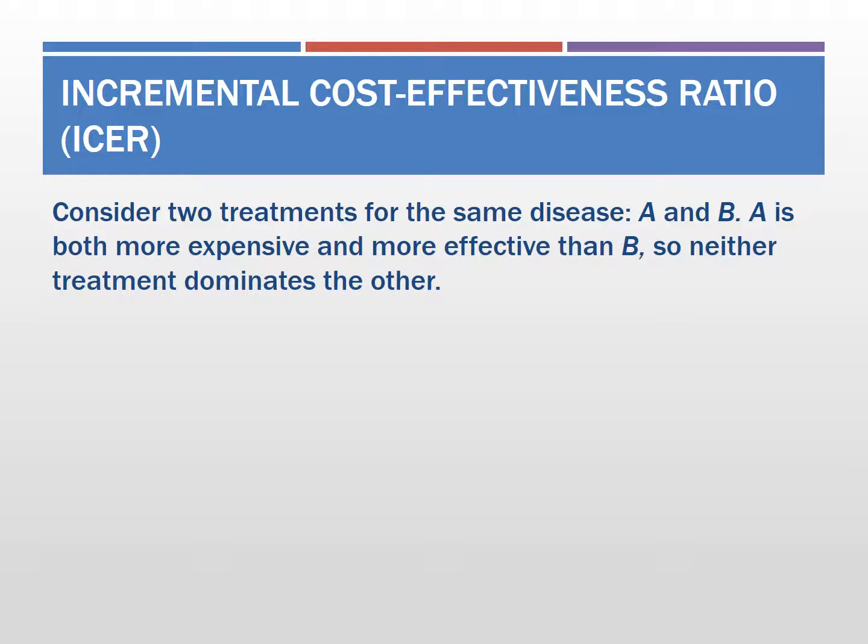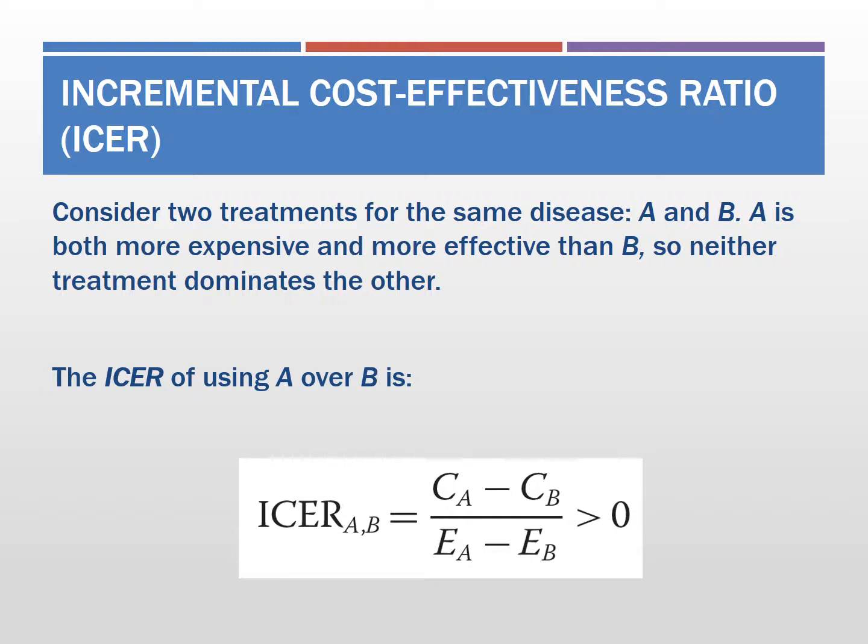So how are we going to calculate these ratios? Let's suppose treatment A is both more expensive and more effective than B. Then we calculate the ratio by using the following formula. Let's define what CA, CB, EA, and EB are.